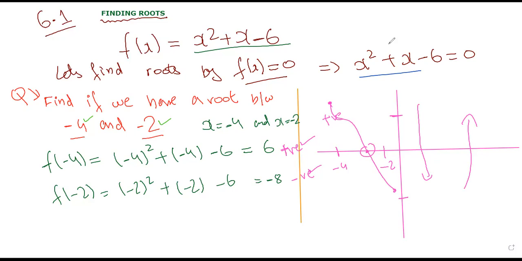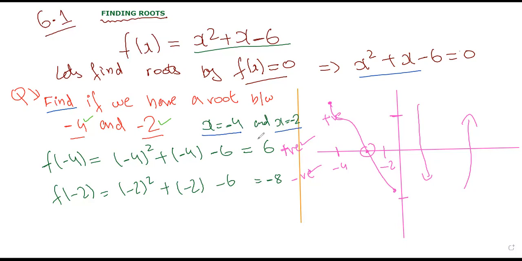You don't have to, you have to tell me directly, okay? I don't mind that. Okay, look. So here the question is a bit different. They are saying find if we have a root between -4 and -2. This -4 and -2 is basically x equals -4 and x equals -2. And you don't have to find the root.